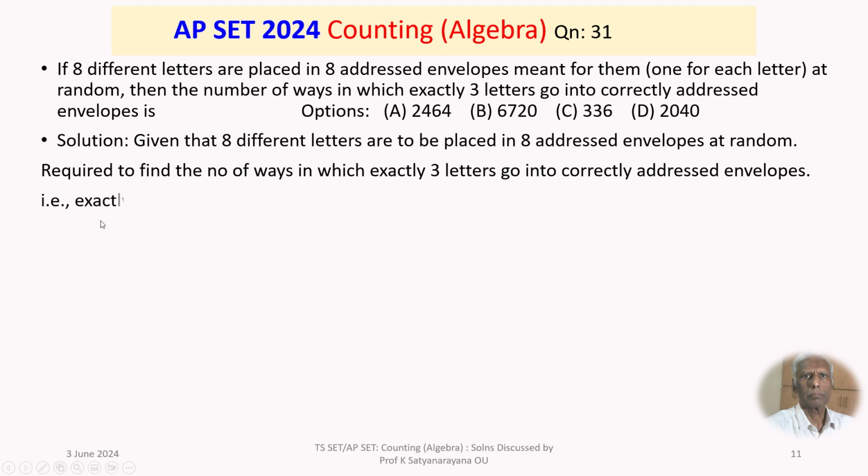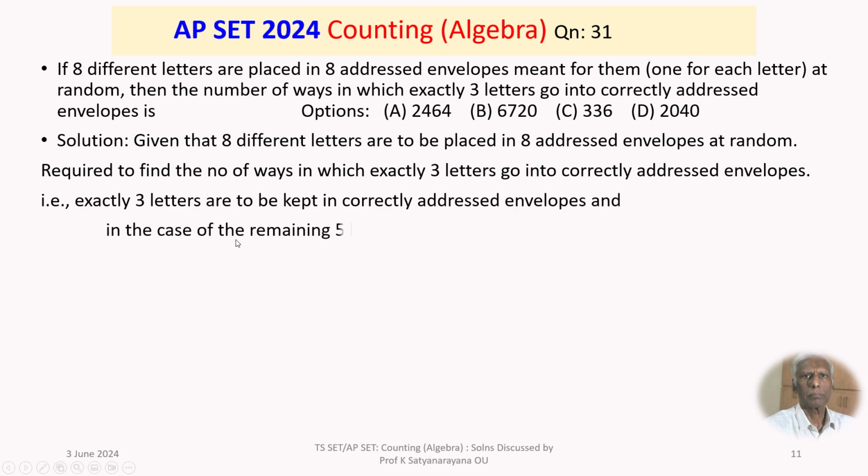That means exactly 3 letters are kept in correctly addressed envelopes. That's the first task. And in the case of the remaining 5 letters, no letter will go into correctly addressed envelopes.